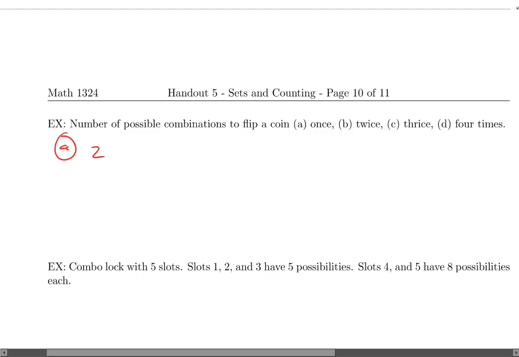So that's 2. Now if you flip it twice, the first one could be heads or tails, and then it could be heads or tails again. That's 4 different outcomes, right? So 2, and then 2 outcomes after that, 4.